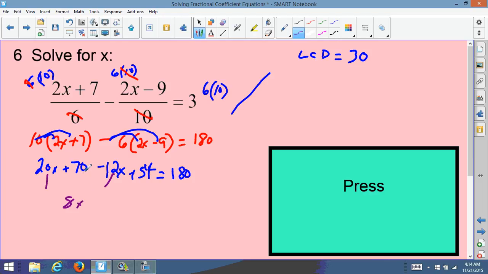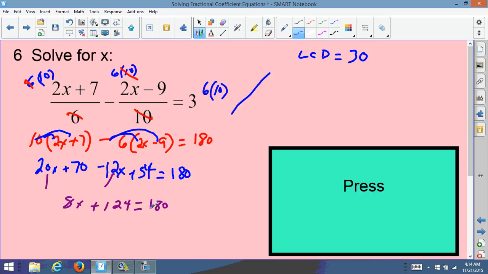I have a plus 70 and a plus 54. That'll give me plus 124. And that is equal to 180. Now, if you look at it, I have a better looking question. My equation is looking good. 8x plus 124 equals 180.